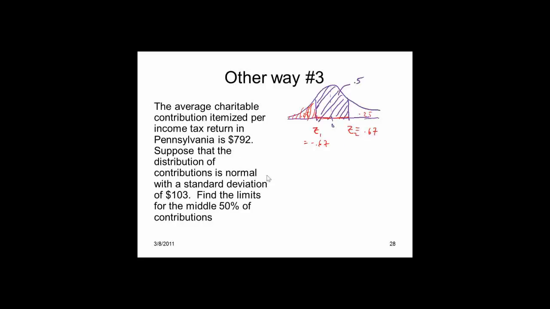All right, so all we have to do now is do some computation. So x equals mu. So this is 792 minus, or let's go plus, a negative 0.67 times the standard deviation of 103. So that'll give us x1, and x2 is 792 plus 0.67 times 103.